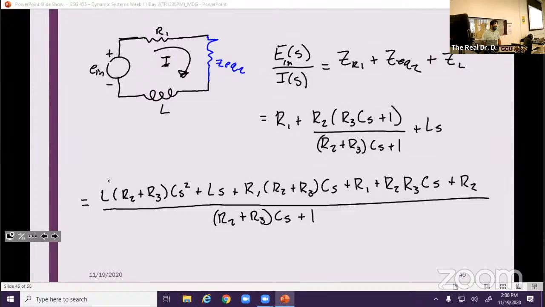So I times R2 is equal to E out. So E out is equal to I of S times R2. So I of S is equal to E out over R2.